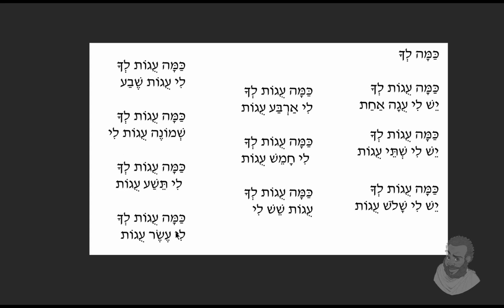Kama ugot lecha? Li 10 ugot. For me, 10 cakes. So as you notice, ugah in Hebrew means cake. Cakes, ugot. Okay?